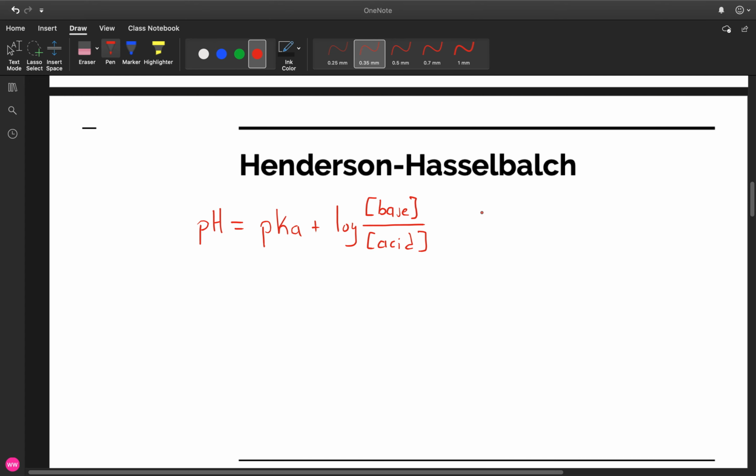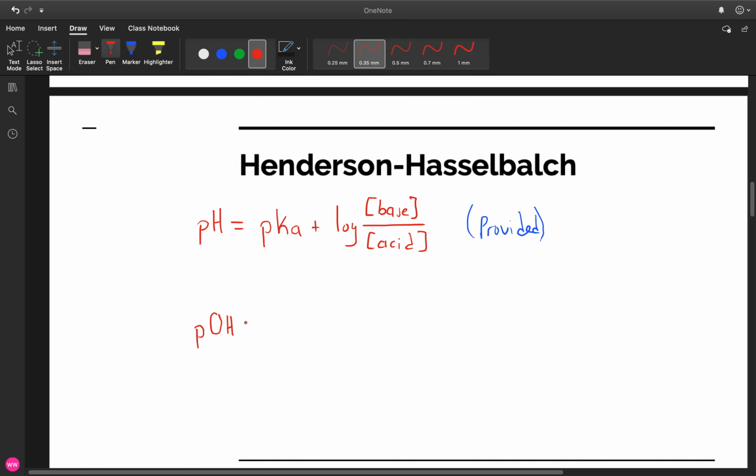Now, once again, this is provided for us. However, if we are looking at a solution that is a base and its conjugate acid, the pH cannot be determined directly from that, but rather the pOH can. This is not provided for you, but it's a good one to have in the back of your mind.